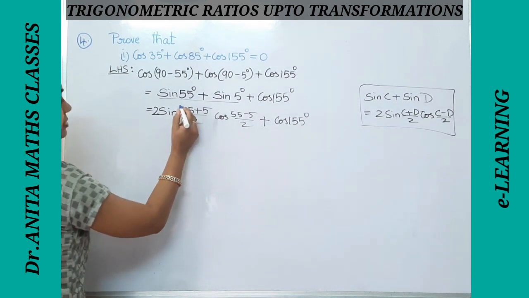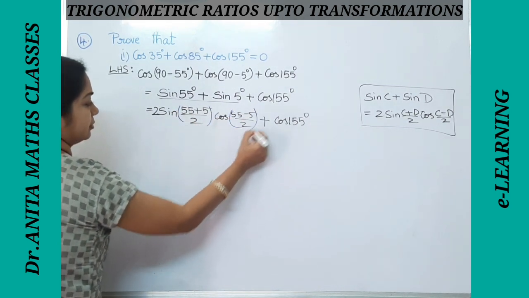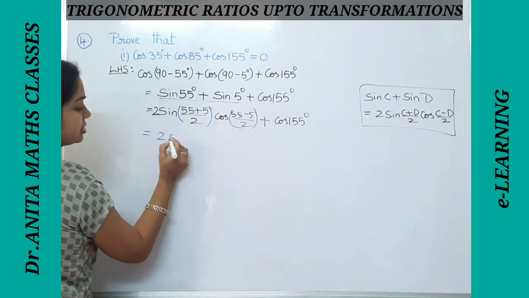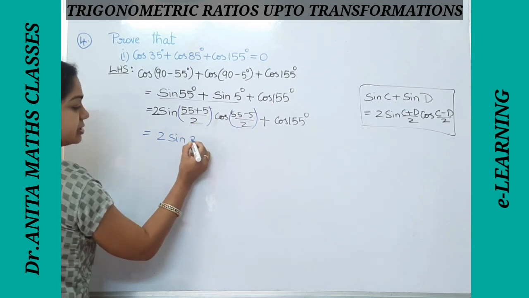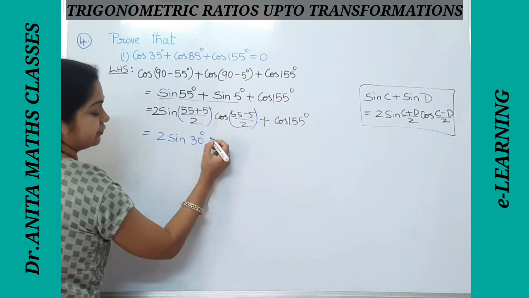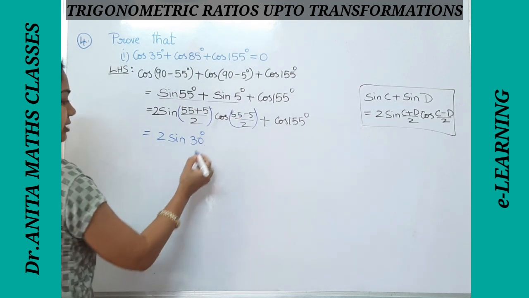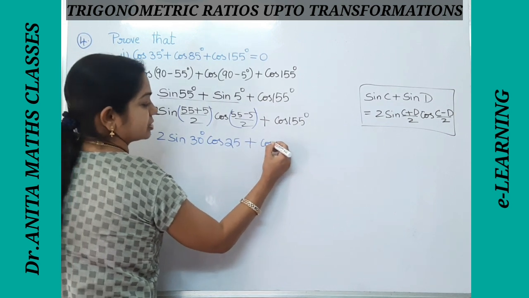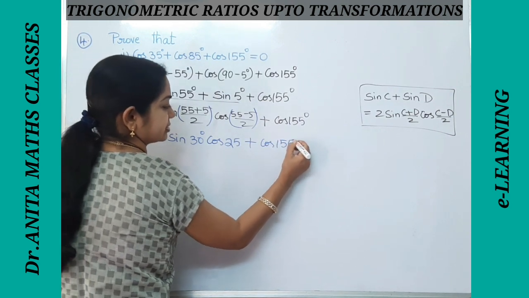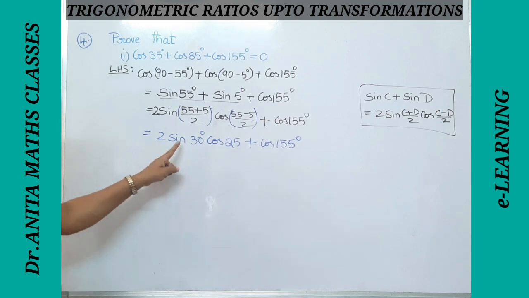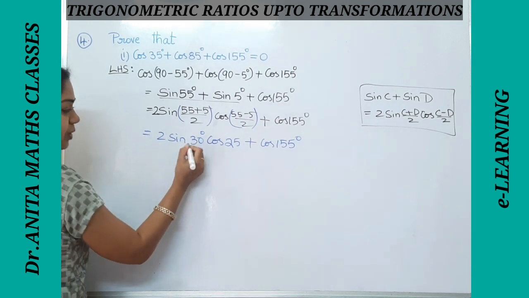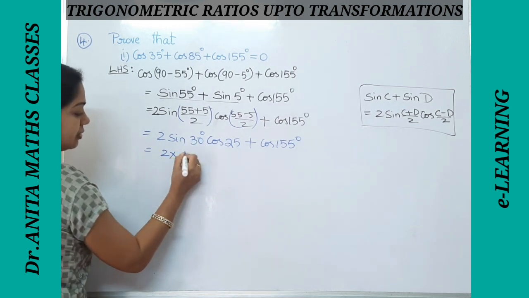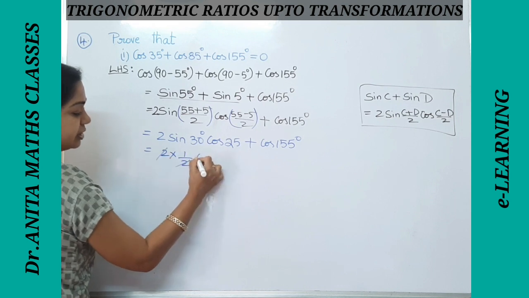Now if you see this, it comes to 2 sin 60 by 2, which is 30 degrees, and cos 50 by 2, which is 25 degrees. So cos 25 degrees plus cos 155 degrees. Sin 30 degrees we know is 1 by 2, so the half gets cancelled.